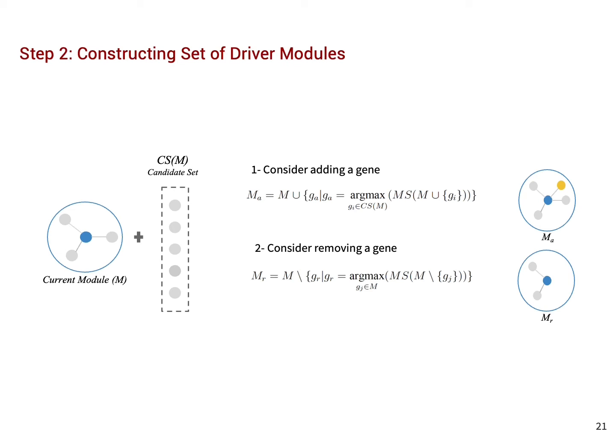Then we compare the MS scores of these two with the current module, and whichever of the two has the higher score, that modification is committed. If none of them has a higher score than the current module, then the process is stopped, and we look at the size of the current module. If it satisfies the minimum size requirement, then it's added to the solution set D, and the whole process is stopped once we reach the requirement of total size S.